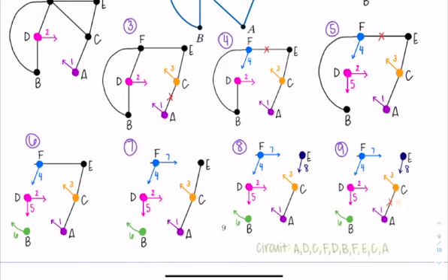And from C, the last place that I can go is to A, which is exactly where I wanted to end up.